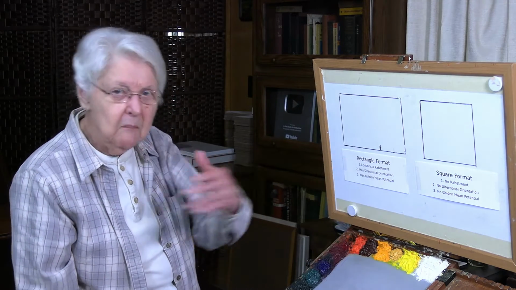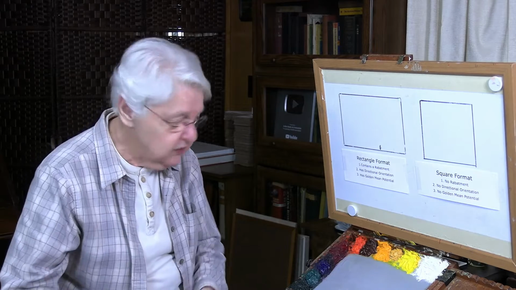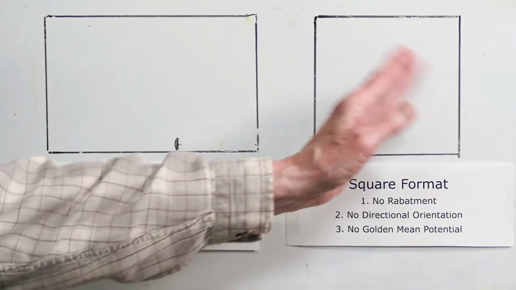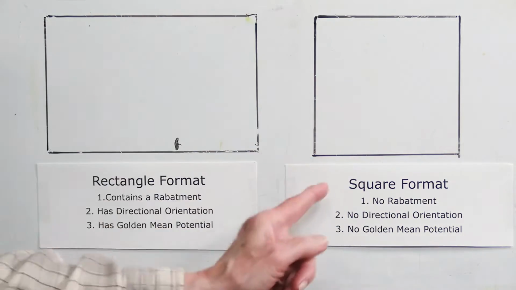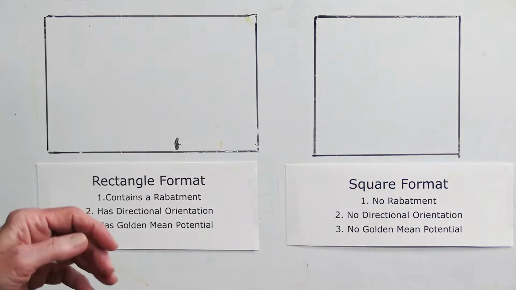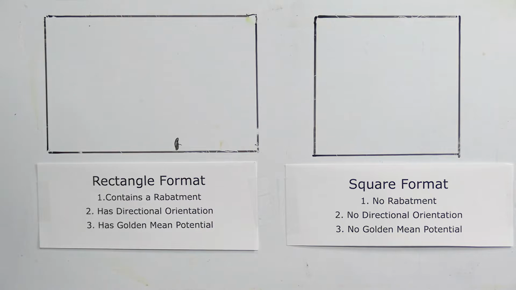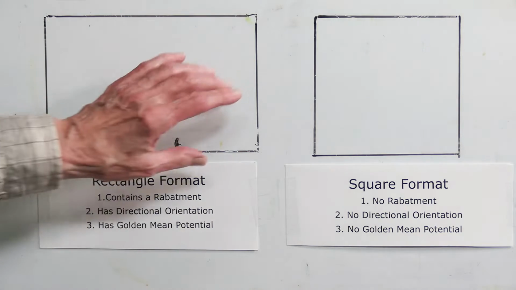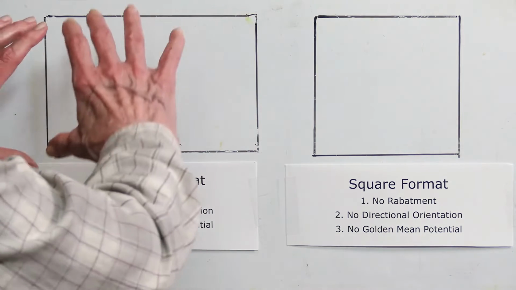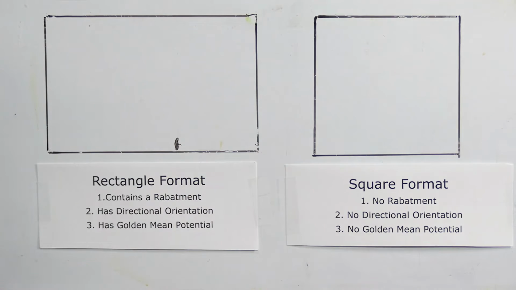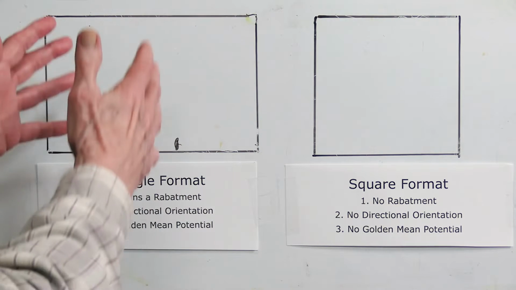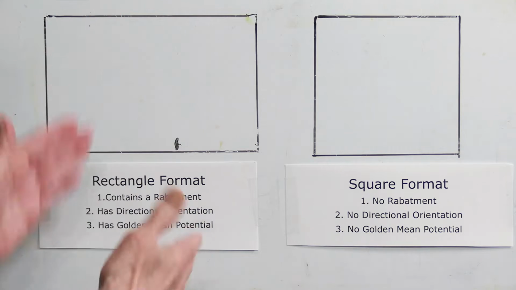So the other thing I mentioned is the directional orientation. In the square, you don't have any directional orientation. All you have is 4 equal sides. So any way you turn it, it's still going to be 4 equal sides. But in the rectangle, you have the ability to do what we call a landscape format, or you have the ability to turn that into a vertical.